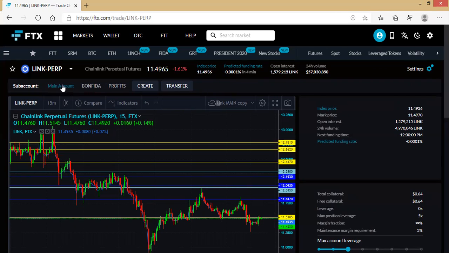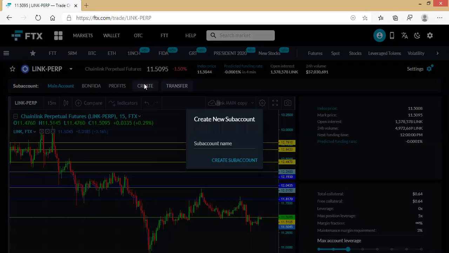You can see here I have my main account. There's one I call Bonfida, and there's one I call Profits. I used Bonfida to purchase Bonfida sometime, though I am no longer holding it now. I had wanted to use it to participate in the Bonfida IEO, but I couldn't pull through. I can still create another sub account.